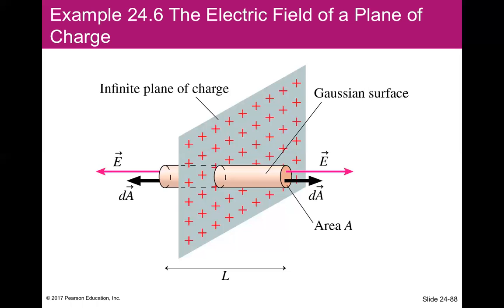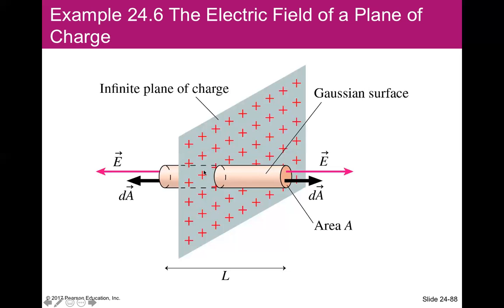The key is to make a Gaussian surface which has a perfect symmetry, which can help us solve the problem. What we can do is first make a cylinder which goes through and is perpendicular to this plane, so that you have a side surface and two end surfaces.